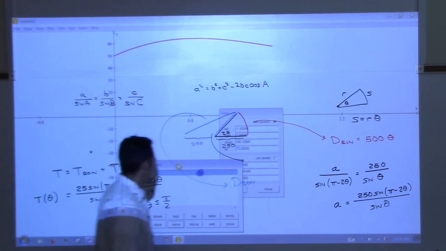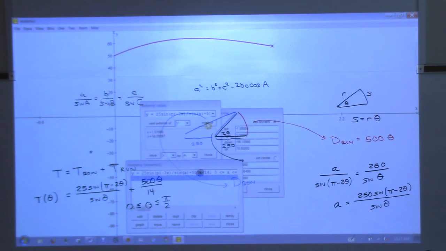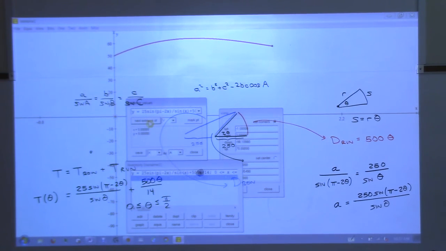Now, we could plug 0 in and see what we get, but let's now have this find the longest time. Let's see, mark point. Next extreme, mark point. Next extreme, mark point. Oh, there it is. Okay.